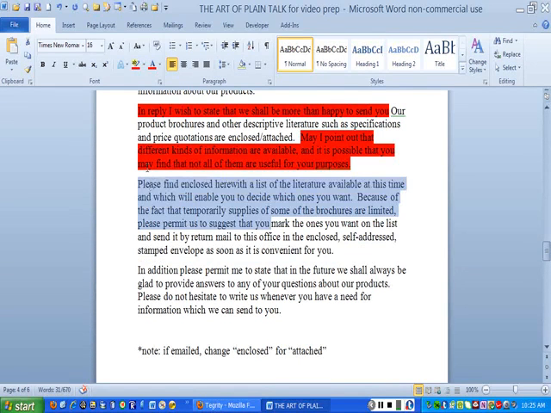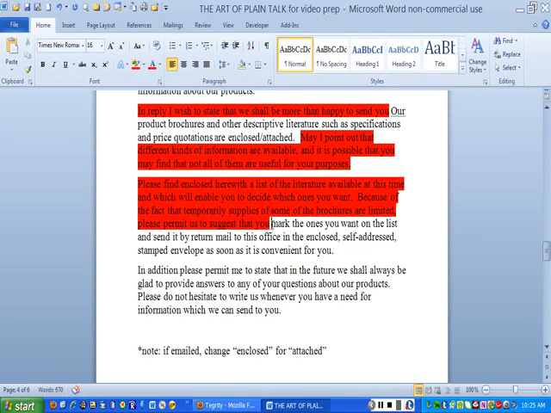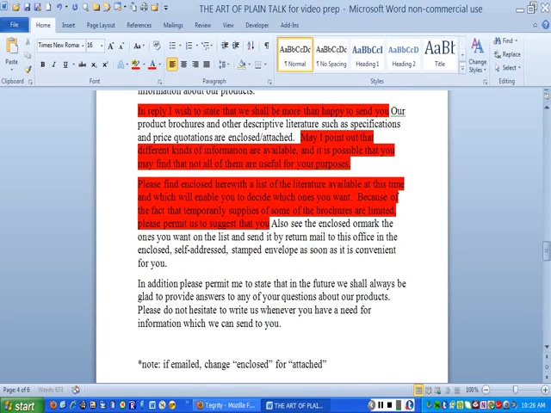Let's reduce all of this to also see the enclosed order form. Simply mark the products you want. You don't have to say, well, yeah, on the list. And send it by return mail?